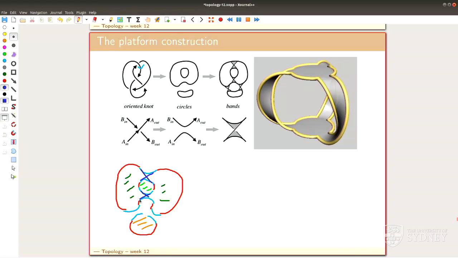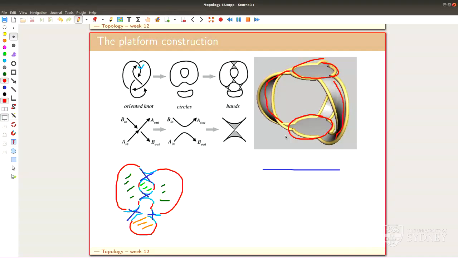You do the same here, the same here, the same here, and you end up with pictures like this, where these are the Seifert platforms that you form from the knots, and these guys are the twists. And the twists always ensure that the top of one platform ends at the bottom of the other platform, which makes the whole surface eventually orientable.